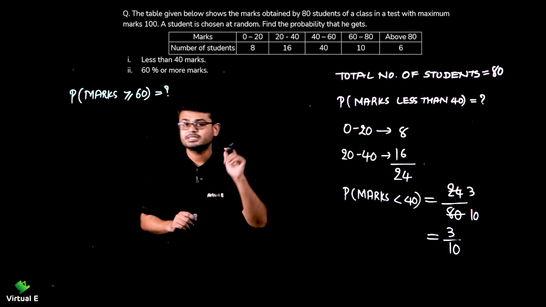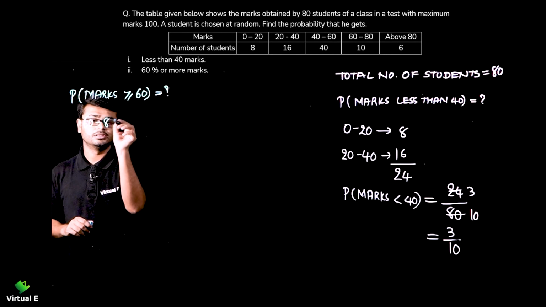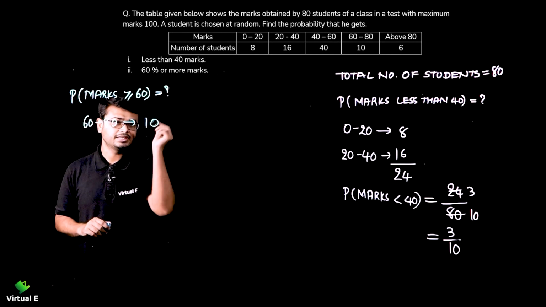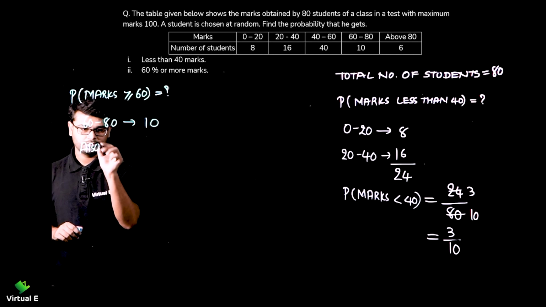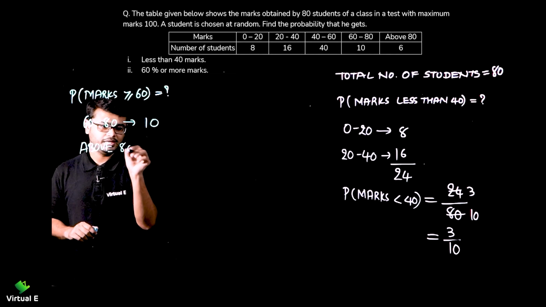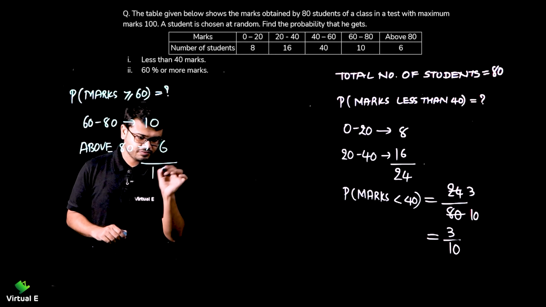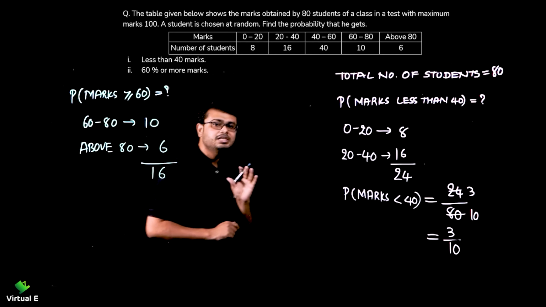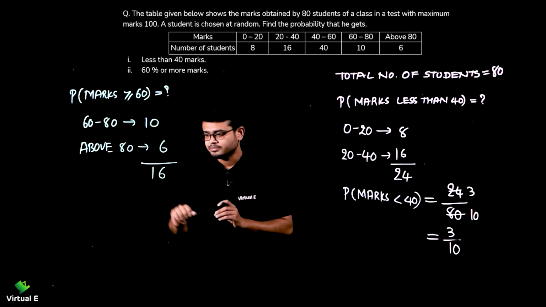So 60 to 80 is the first category, that is 10. And the next category is above 80. How many students are there? 6. Now add them up. So we are going to get 16 as the number of students who are getting marks 60 or more, right?